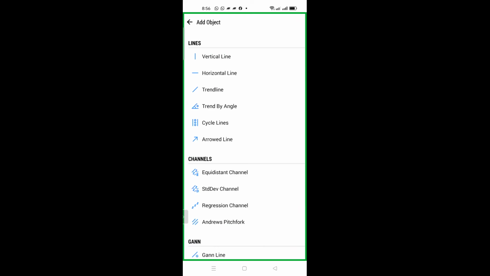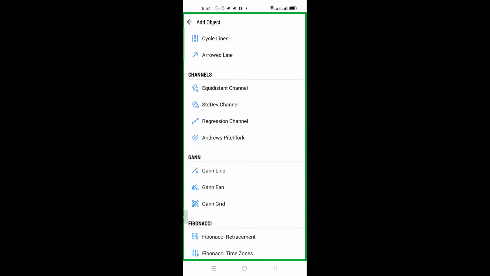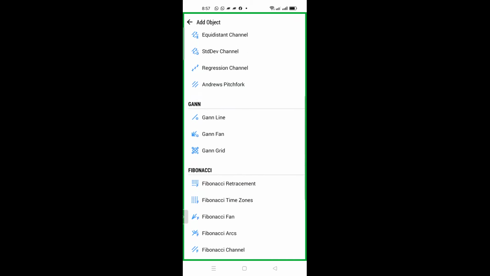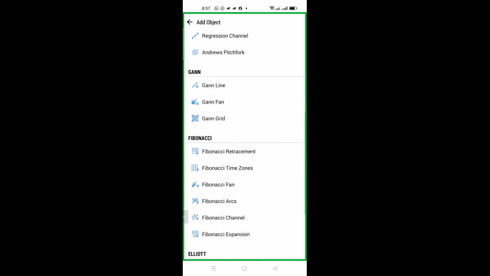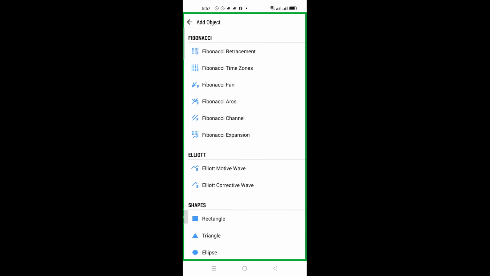Vertical line, horizontal line, trend line, trend by angle, cycle lines, arrow, equidistant channel, standard deviation channel, regression channel, Andrews Pitchfork, Gann line, Gann fan, Gann grid, Fibonacci retracement. All of these are tools.